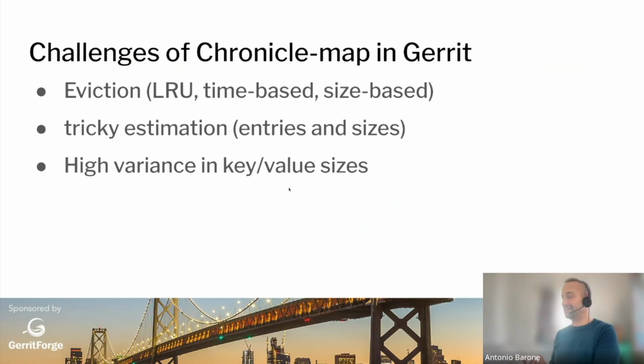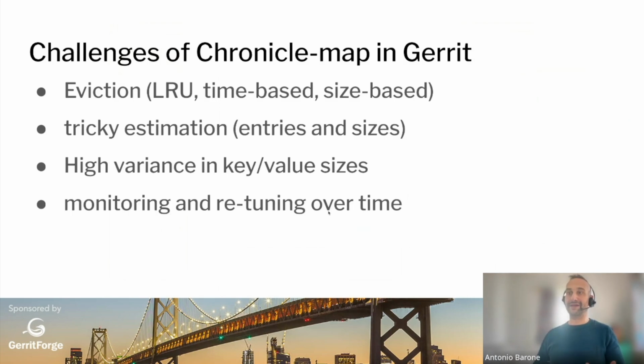And then you have a diff entry that is actually quite big because it touches many lines across many files. So you might have caches that are easier to configure, and others that are more difficult. And you will need to monitor and retune over time.